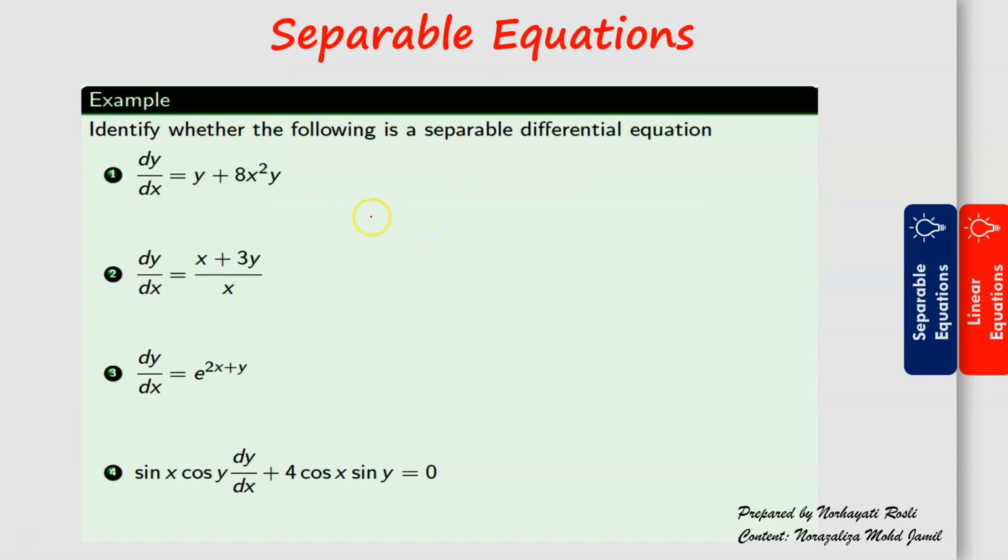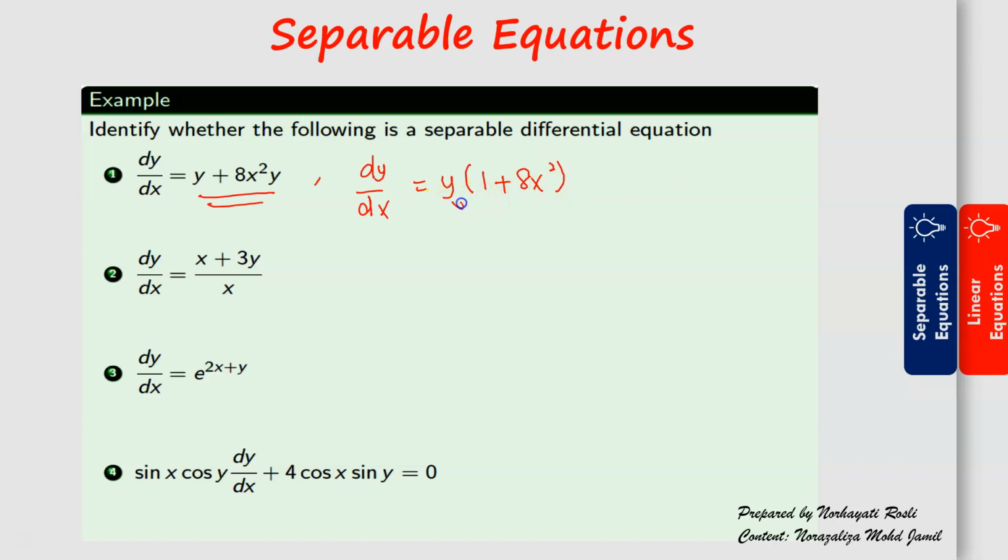Next class, we go to this example. You need to identify whether the following is a separable differential equation or not. So we look at the first one: dy/dx equal to y plus 8x^2 y. In this case, I can factorize the right side such that I have y times (1 plus 8x^2).